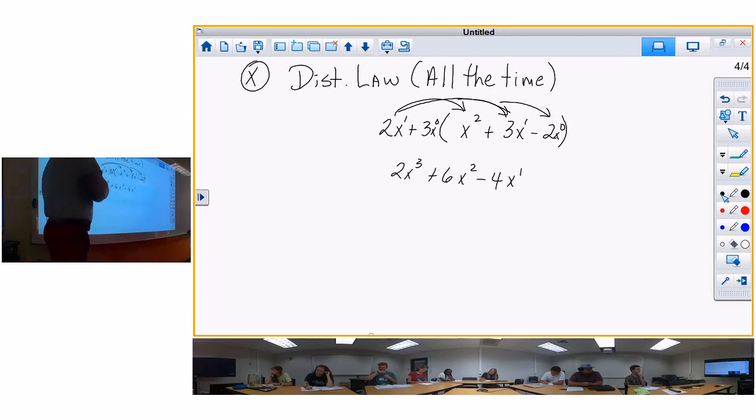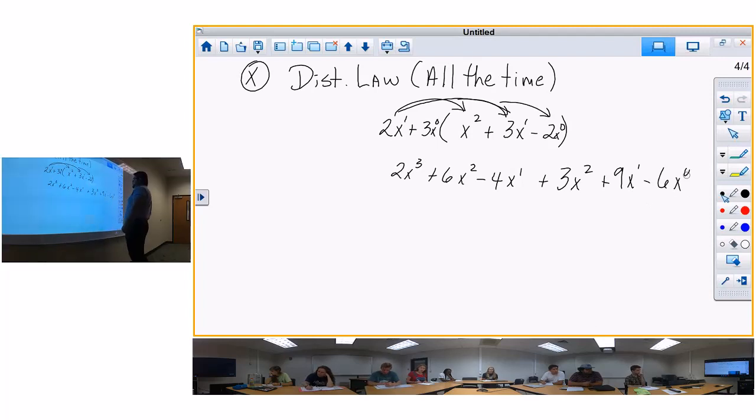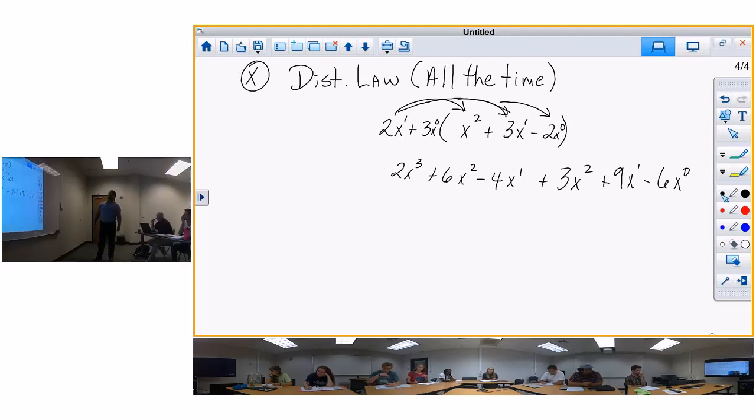So we're done with that part. Plus 3x to the second. Plus 9x to the first. Plus or minus 6 what? x to the 0. Just in case y'all didn't know, 0 plus 0 equals 0. It's called the product rule. You add the exponents.